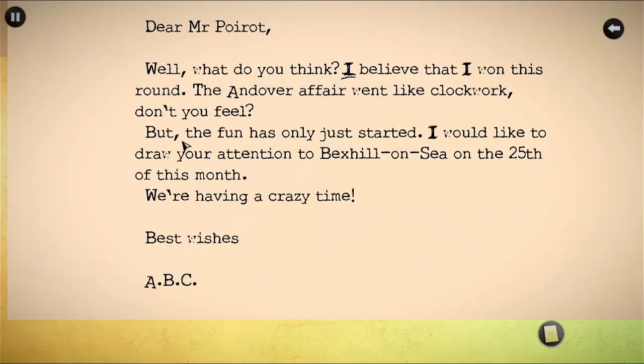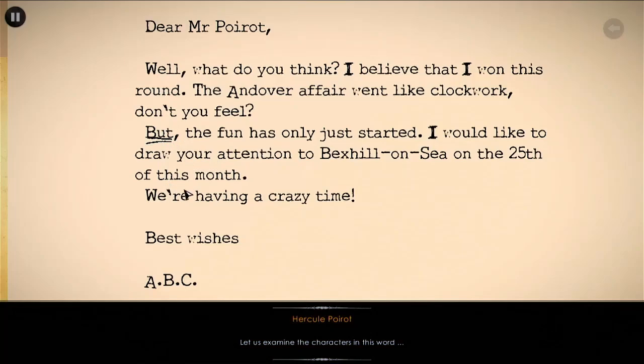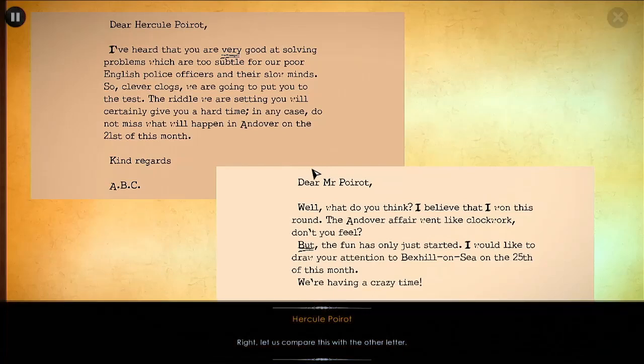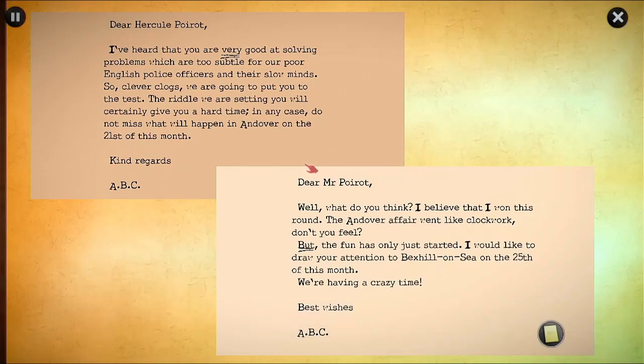Okay. Is there anything else? Let us compare this with the other letter. You are very good at solving problems. So the I's are the same.